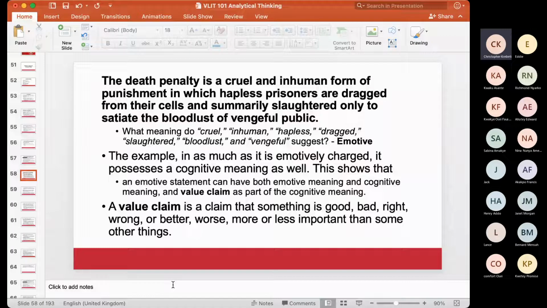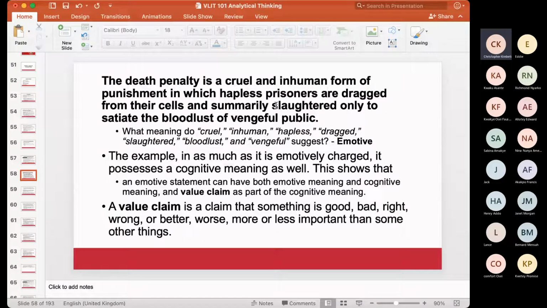The cognitive meaning that we derive from an emotive statement, an emotive claim or an emotive passage, is what we refer to as a value claim. So a value claim is the cognitive meaning that is derived from the emotive statement. So this whole statement here has a cognitive meaning. That cognitive meaning, we refer to it as what? Value claim. But you cannot get it on a silver platter if you don't pay attention to it closely.